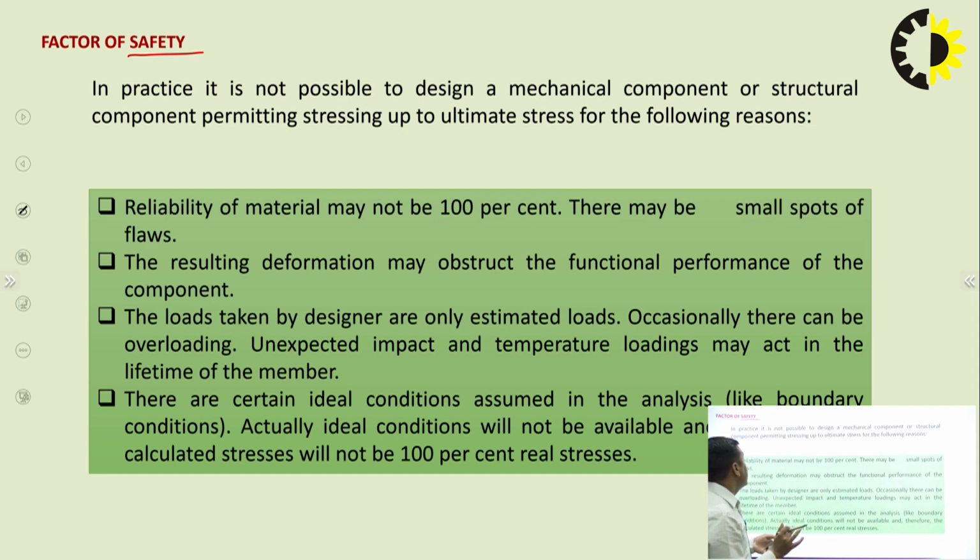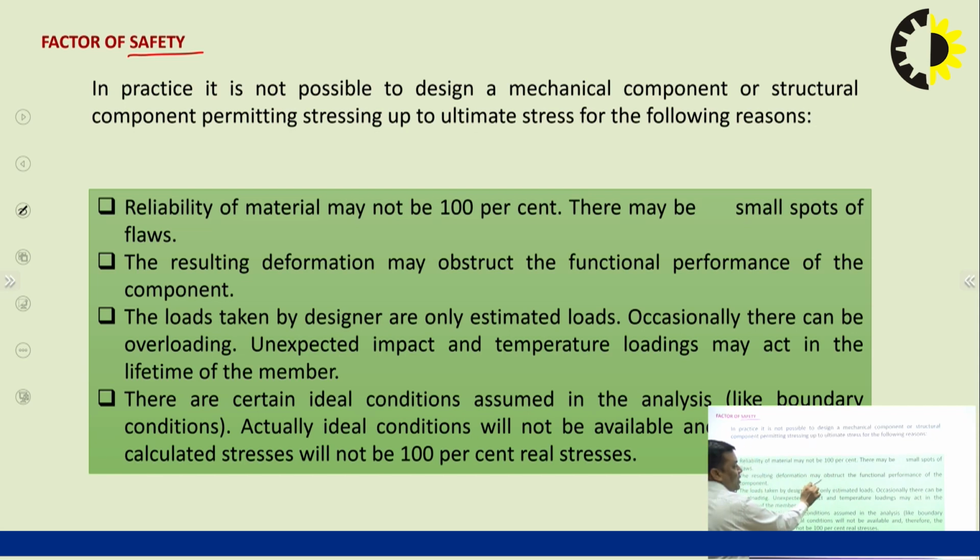So some factor of safety is needed so that our design is safe and not failing. Why must a factor of safety be taken? Because the reliability of the material may not be 100%. The resulting deformation may obstruct the functional performance. The loads taken by the designer are only estimated loads, not the actual load. There are certain ideal conditions assumed.